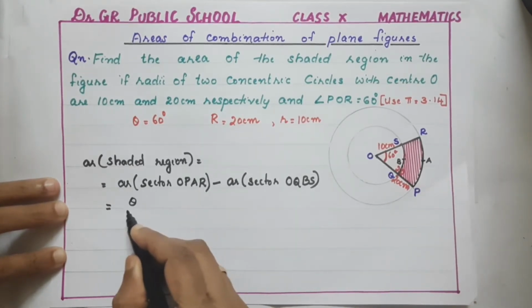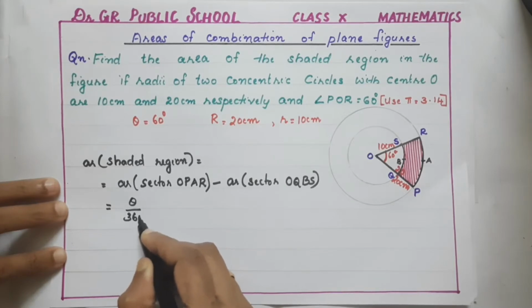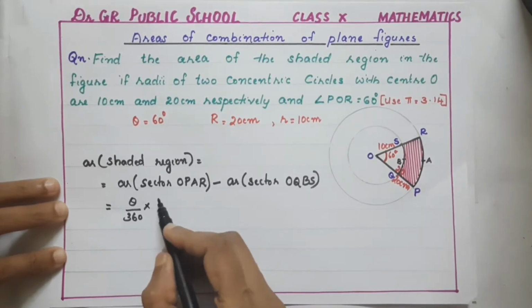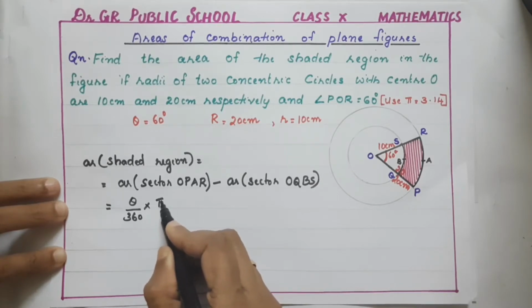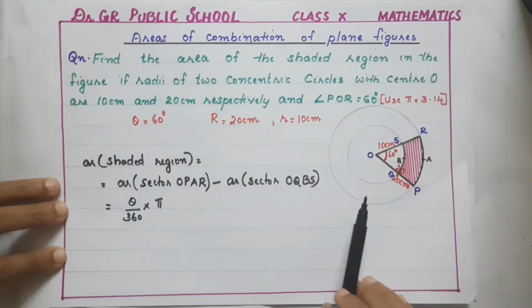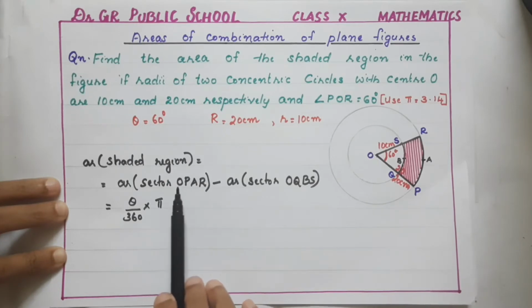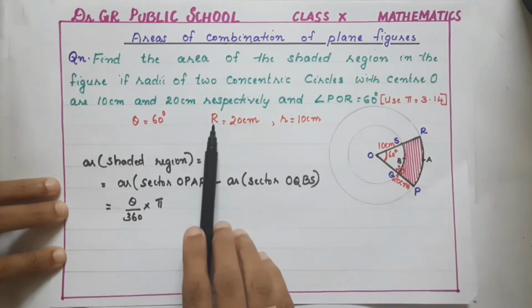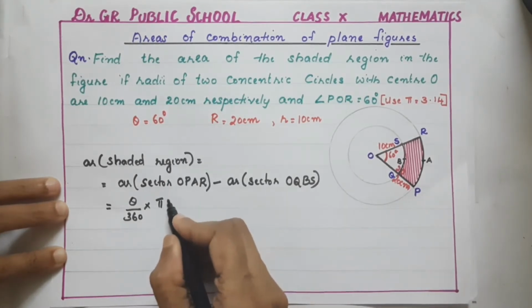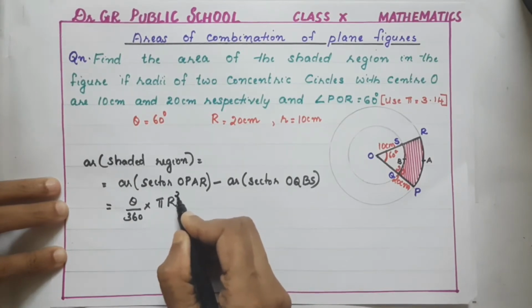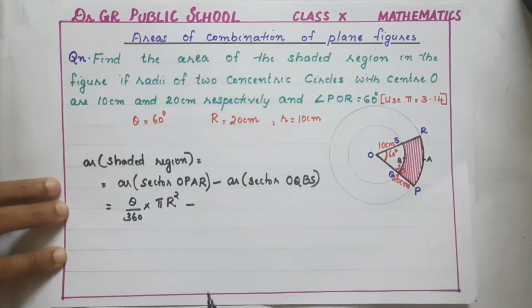So theta by 360 into area of sector formula pi r square. So pi, here which r we have to put? It is the larger sector. For larger sector we took capital R. So pi capital R square minus area of smaller sector.